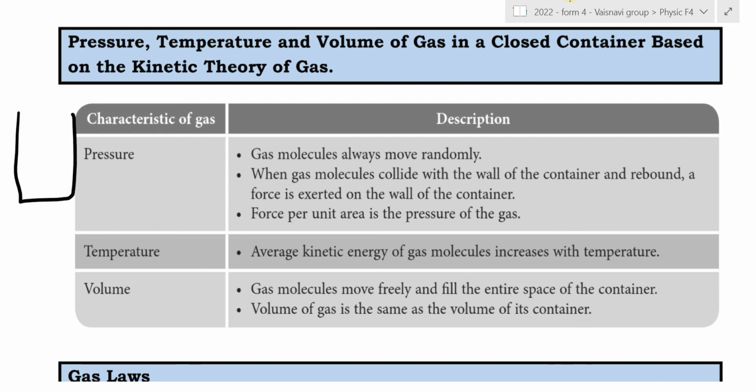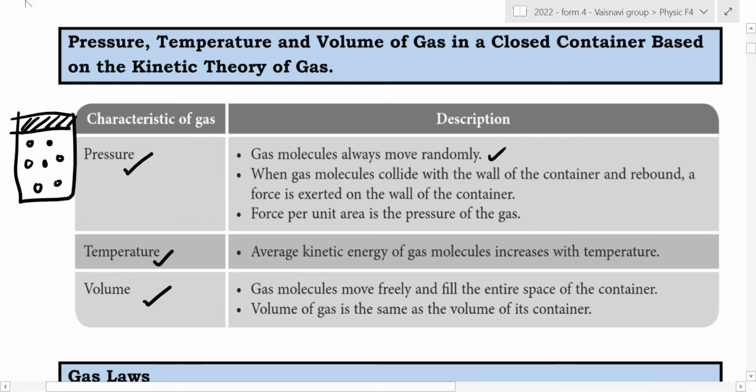Baik, kita tengok dulu. Pressure, temperature and volume of gas in a closed container based on kinetic theory of gas. Contoh kita ambil satu bekas, kita tutup dia. Closed container. Ada gas molecule kan? Okay. What is the characteristic of the gas based on its pressure, temperature and volume in a closed container? Okay, kita tengok. Gas molecule always move randomly. Memang lah. Okay, sebab gas molecule lah. When gas molecule collide with the wall of the container and rebound, a force is exerted on the wall of the container.